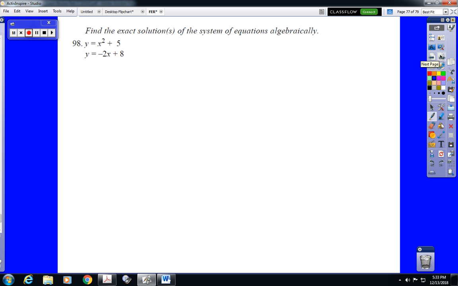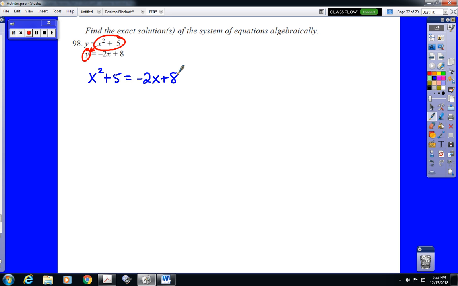Number 98 is a system of nonlinear equations, which means there could be more than one answer. In this case, this first problem is an obvious substitution problem because they're both equal to y. So we're going to plug x squared plus 5 in for y in the second equation, which would give us x squared plus 5 equals negative 2x plus 8.